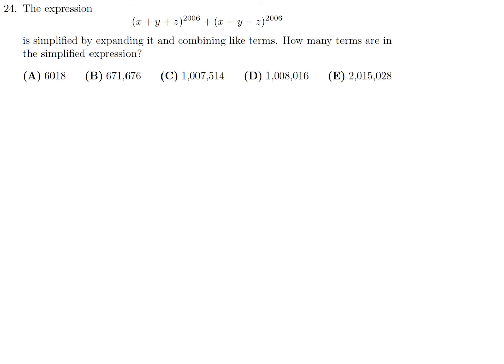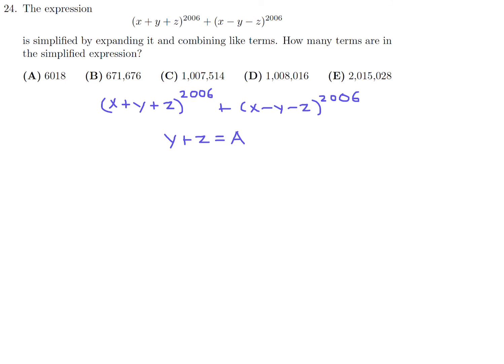The expression (x plus y plus z) to the power of 2006 plus (x minus y minus z) to the power of 2006 is simplified by expanding it and combining like terms. How many terms are in the simplified expression? Well, to make our lives a little easier, I will let y plus z equal a.